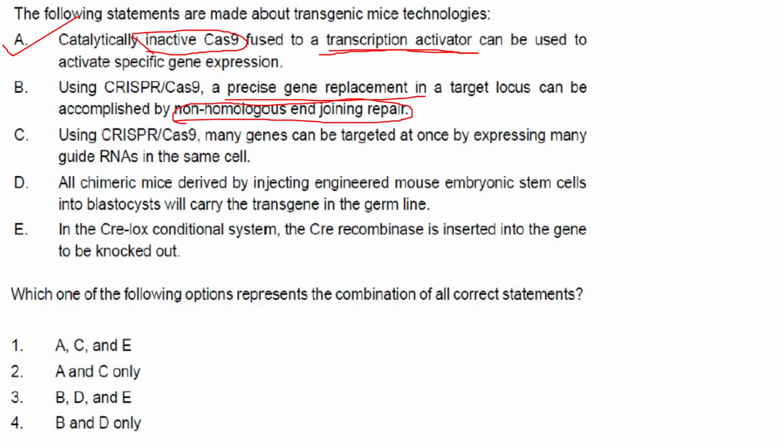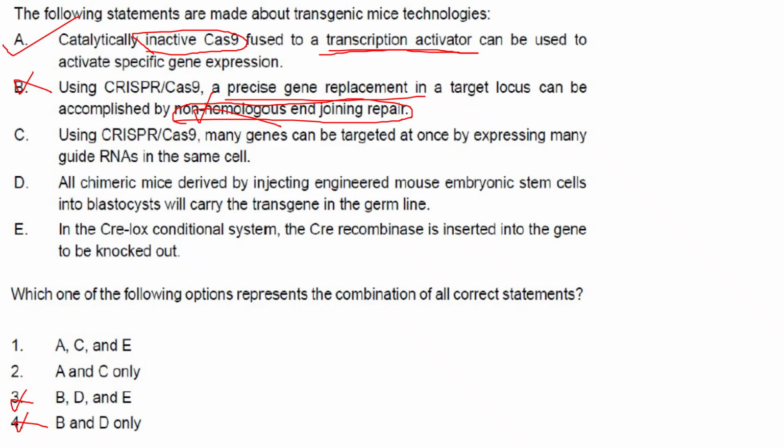No, because it is an error prone mechanism. It can bring about deletion, duplication, insertion, etc. All these things can happen in non-homologous end joining repair. So for precise gene replacement, you need homology directed repair, which is an error free pathway. So statement B is wrong. That means options 3 and 4 are also gone.